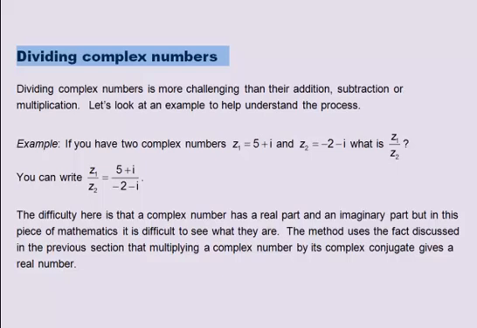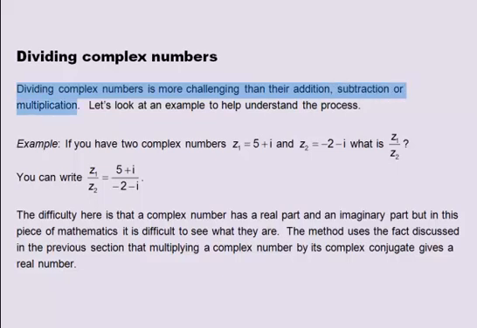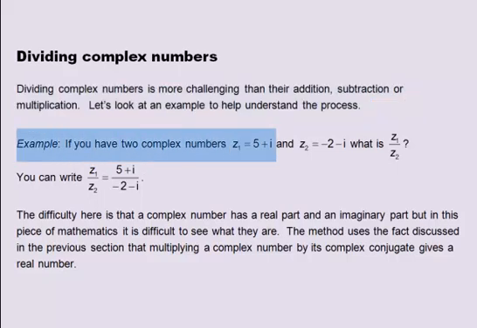Dividing complex numbers. Dividing complex numbers is more challenging than their addition, subtraction or multiplication. Let's look at an example to help understand the process. Example: if you have two complex numbers, z1 equals 5 + i and z2 equals −2 − i, what is z1 divided by z2?